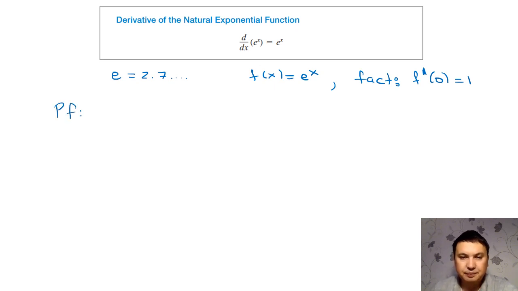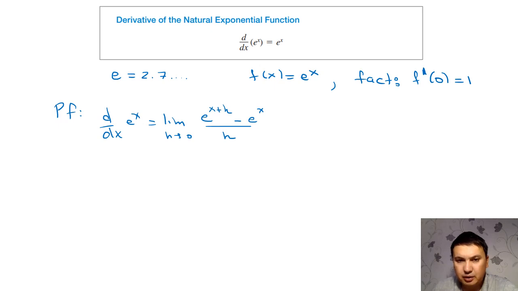So let's do the proof. The derivative of e to the x, by definition again, is the limit as h goes to 0 of e to the x plus h minus e to the x, divided by h. You can see that e to the x is the common term on the top, so I can write it as e to the x times the limit as h goes to 0 of e to the h minus 1, divided by h.